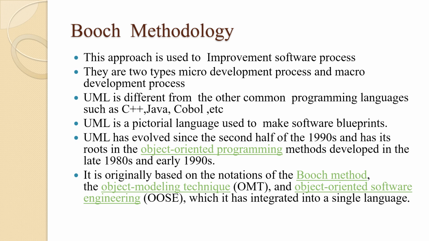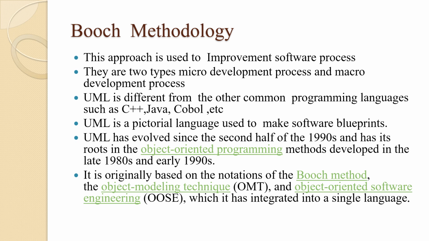When we introduce those methodologies, they are used to improve the software process. UML is not different from other common programming languages such as C++, Java and COBOL. UML is a pictorial language used to make software blueprints. For example, if you construct a new house, you definitely need a blueprint.